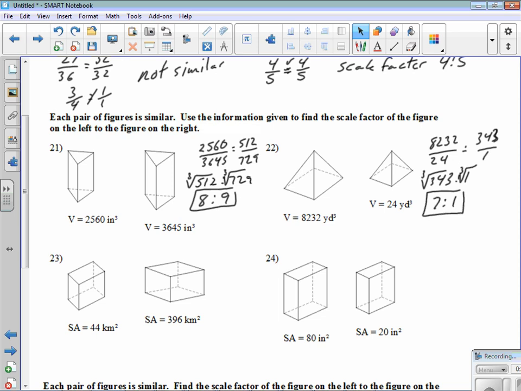At 23, we got 44 and 396. 44 over 396. And both of those, I believe, divide by 11.